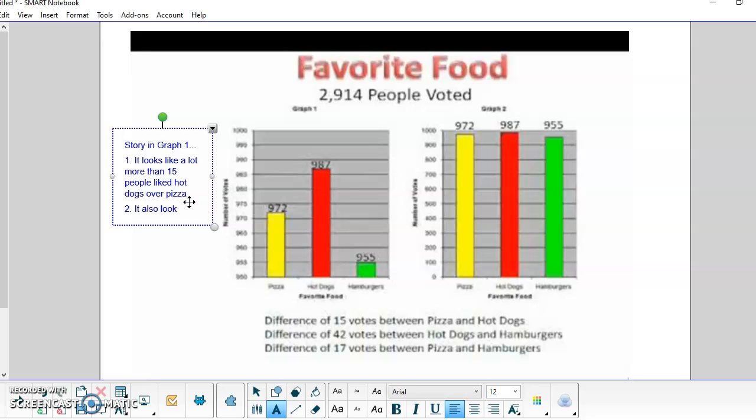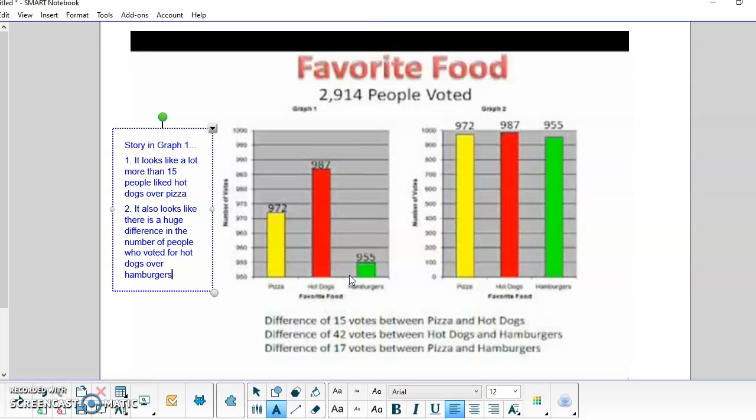It also looks like there is a huge difference in the number of people who voted for hot dogs over hamburgers. We see the red bar looks way bigger than our little green bar down here.